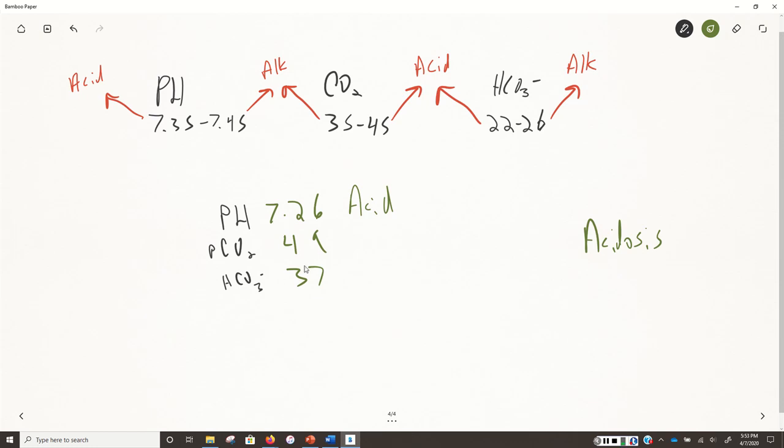PCO2 49, that's acidic. Bicarb, 37. That's alkaline. So let's see, what does this mean? Well, which one matches the pH? The CO2 does. So that tells us this person has respiratory acidosis. Again, something like COPD, emphysema, asthma.